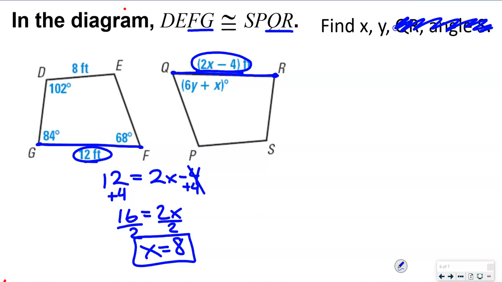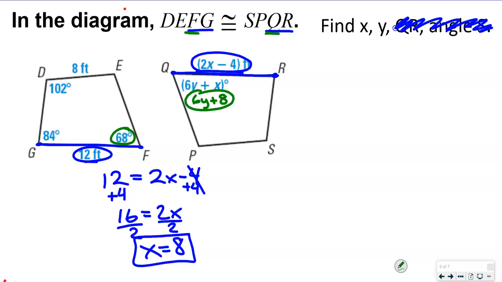Well, if we know what x is, we can plug that in to 6y plus x. So it's 6y plus 8. Then we just need to look at what angle corresponds with Q. Got angle Q there. That's going to correspond with F. So 68.